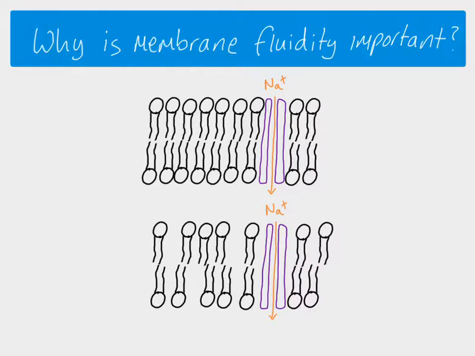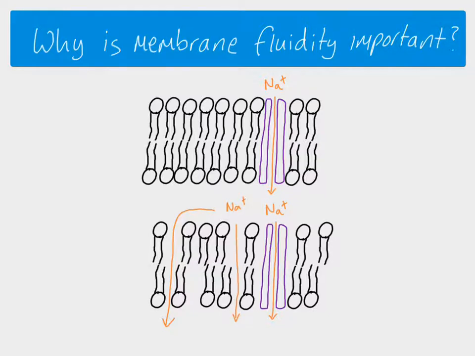But because we've now got big gaps between some of our phospholipids, sodium ions could also go through here, or they could go through here. So in this case, the membrane on the cell no longer has control over the entry or the exit of substances, because they can just pass through the bilayer anywhere. This is an example of what you might see when you have a very fluid membrane, a membrane that's more fluid than it should be.